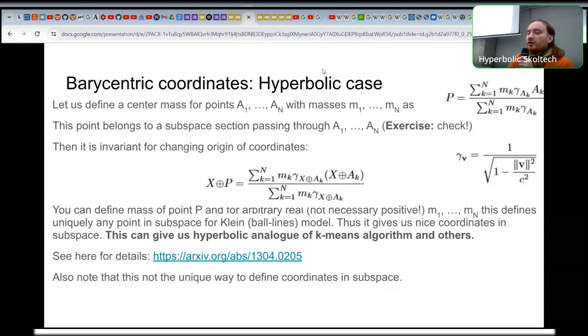Actually, you can check that mass centers should belong to a plane which is generated by points a1, etc., an. But this direct summation? No, I mean this is regular summation. Yeah, so this is some identity.